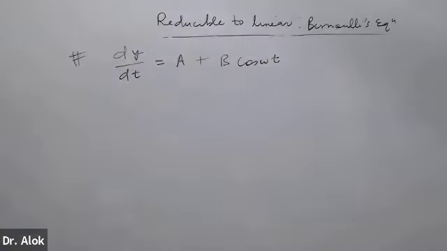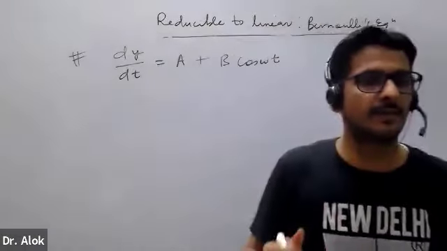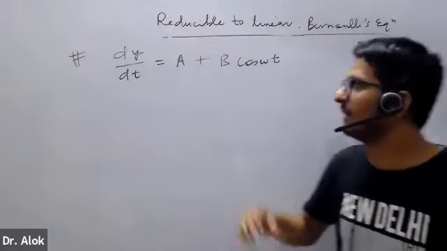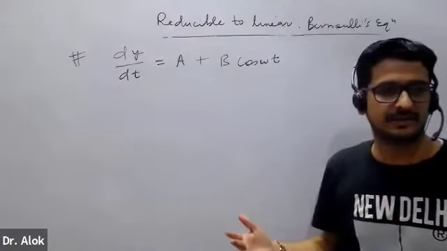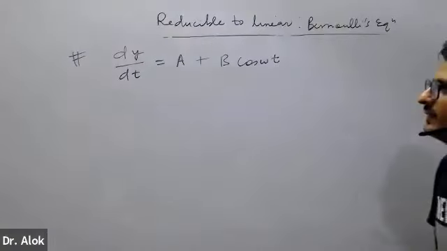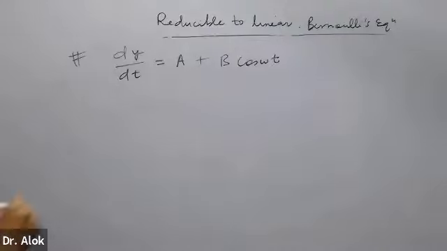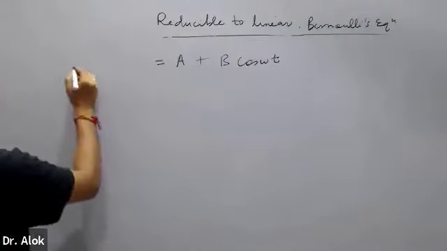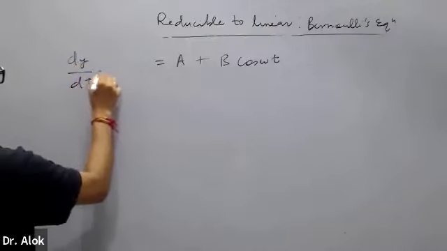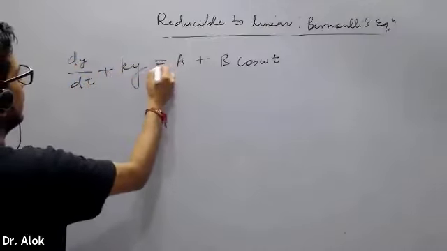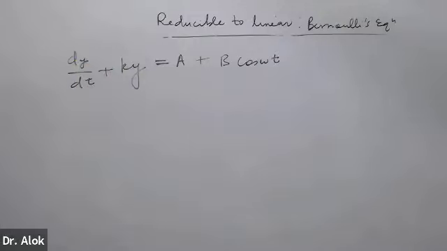This equation describes the change of hormone levels in blood, and omega represents the frequency of that change. Oh sorry, one more term is there: dy by dt plus ky is equal to a plus b cos omega t. That is the equation.